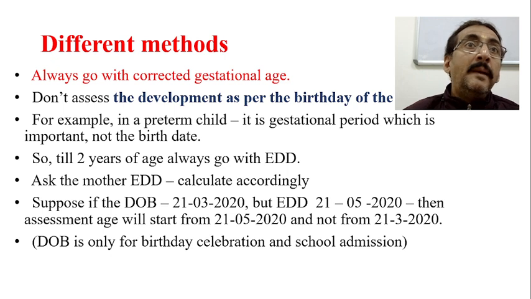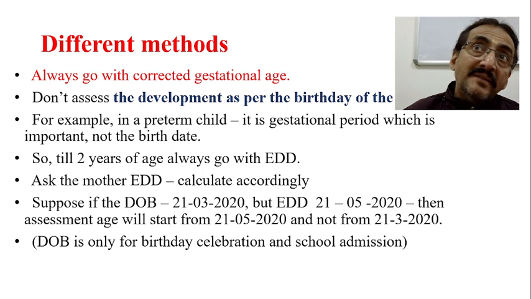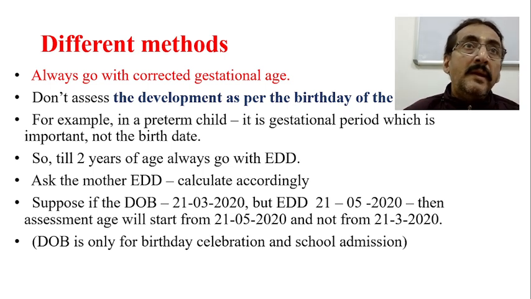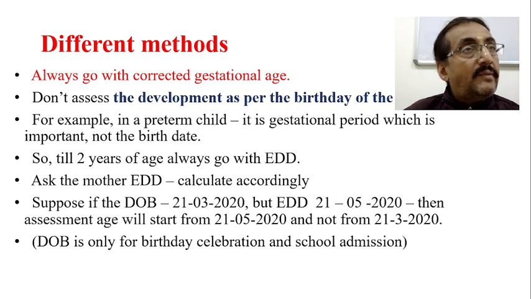That means the baby should achieve the developmental milestones of 2 years by a maximum of 2 years 3 months if it was a 3 months preterm delivery. I hope you got it. So always ask the mother about the EDD, the expected date of delivery, which is very important, and then calculate accordingly.